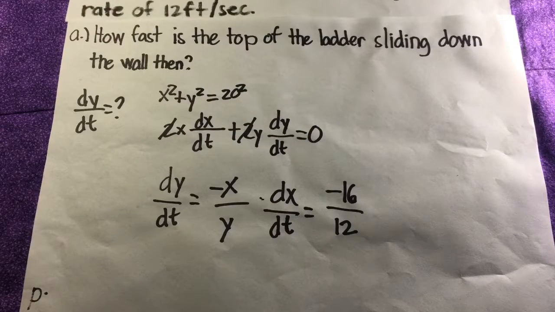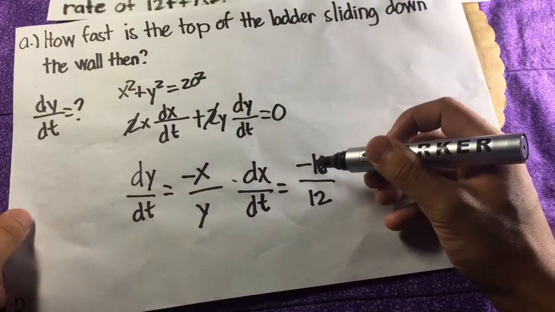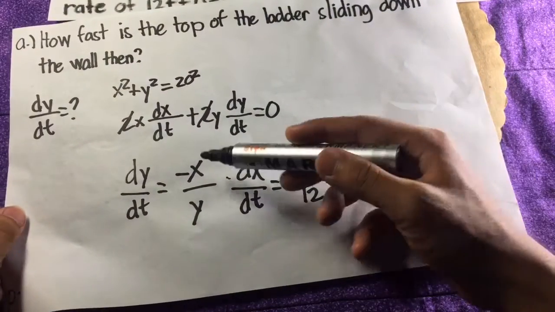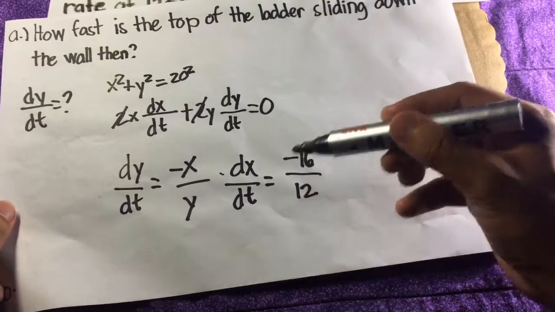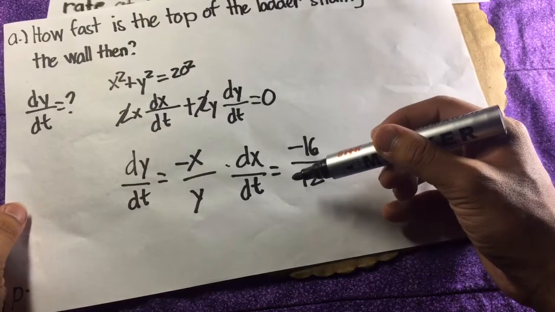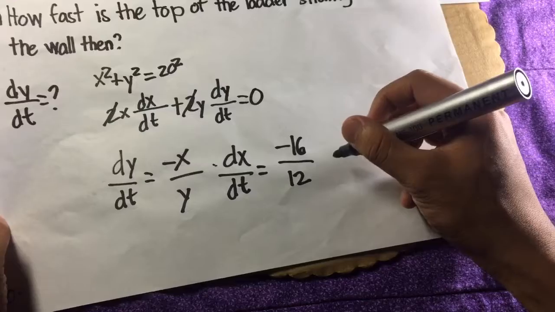So going back, now that we know how to get y, negative 16 is our x over our 12 as our y, times our dx dt, which is 12.